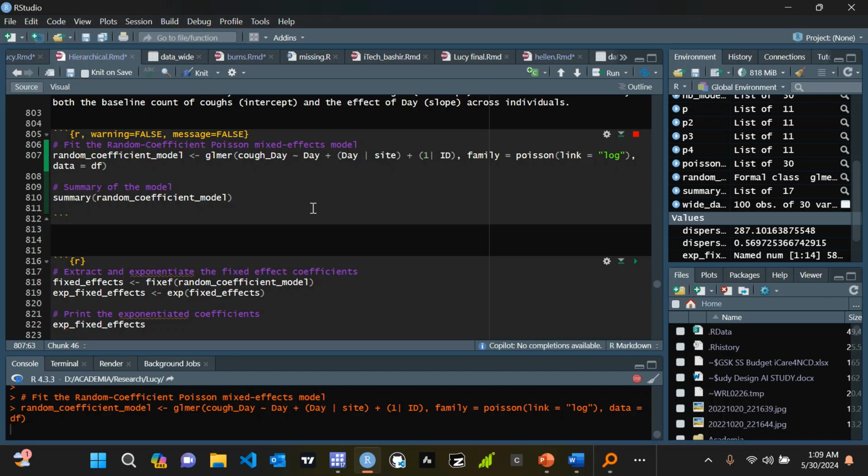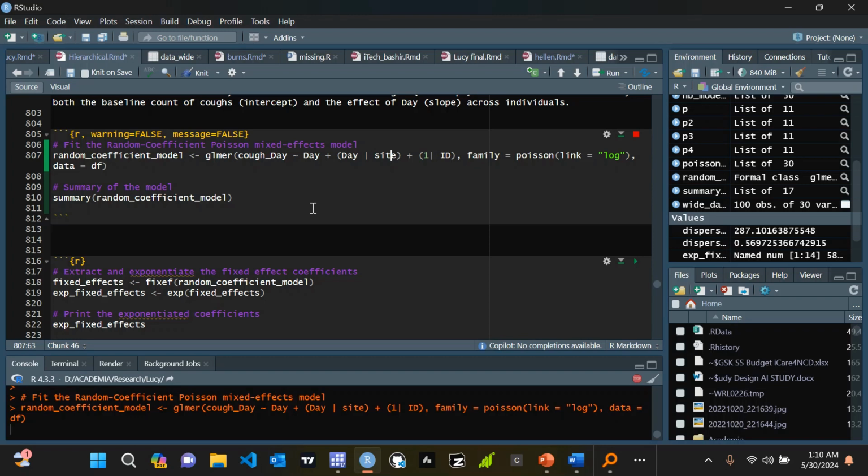Another thing to allow this model to converge without taking a lot of time is to set the number of iterations, maybe to 10,000 or 1,000, such that it stops at those iterations and converges from there.